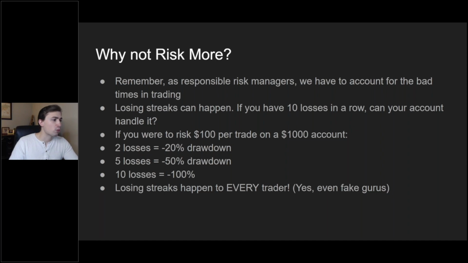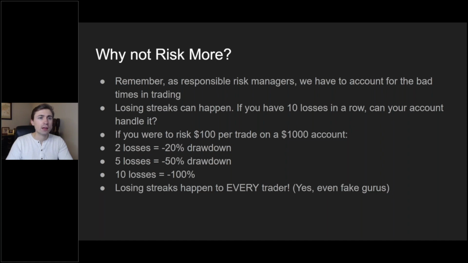So if you were to risk $100 per trade on a $1,000 account, we'll run through this exercise. Two trades gets you roughly, and again, this is approximate, a 20% drawdown. Just 5 losses takes your account down by half. I'm sure many of you have seen that chart: if your account goes down by 50%, in order to get back to the full amount, you need 100% gains.